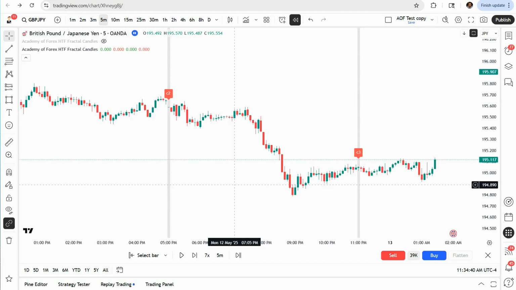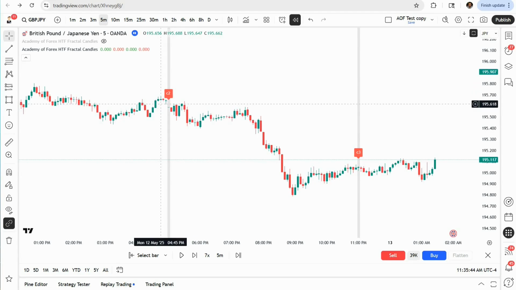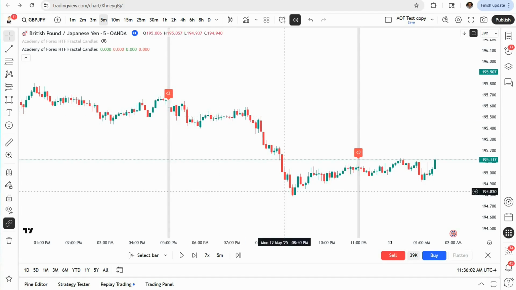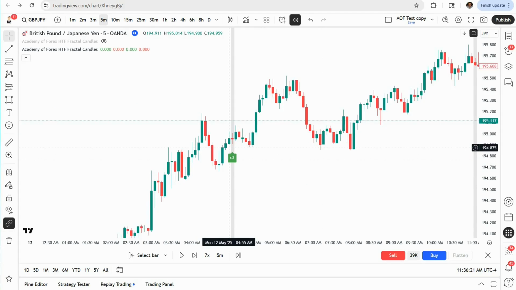For example, like the Academy of Forex indicator, which I did a whole video on, or it can be used just as powerful as a standalone indicator. For example, when we pick up a red label like this here, we can predict or anticipate that price is going to make an open, high, low, close formation. Or when you get a green tag, you can anticipate an open, low, high, close formation.